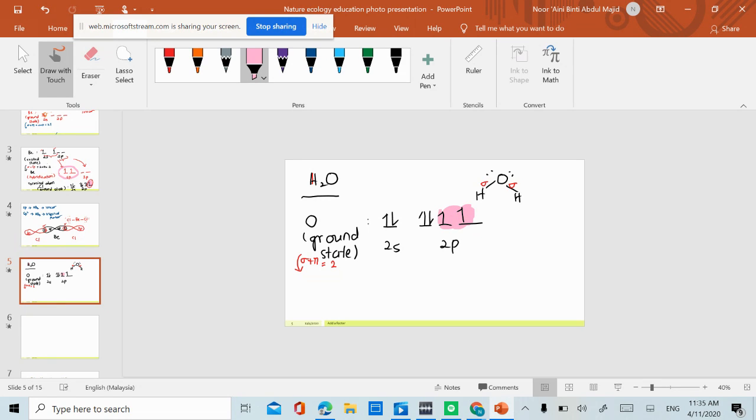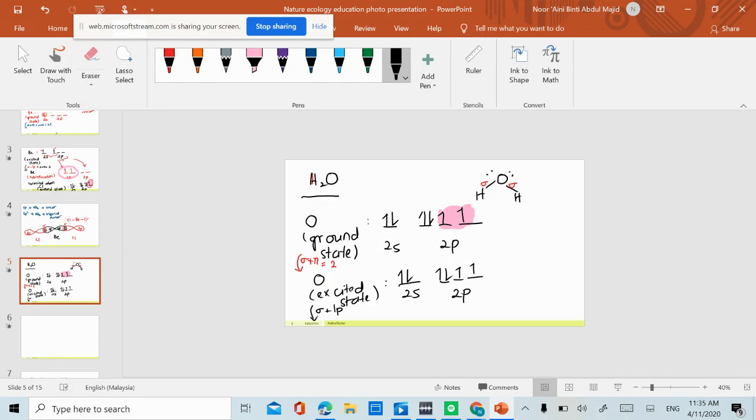Therefore, there won't be any excited state, or if you want to rewrite, it will be the same configuration as the ground state of oxygen, just so that you have the same flow.